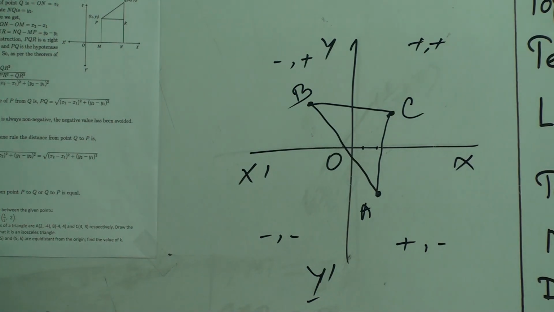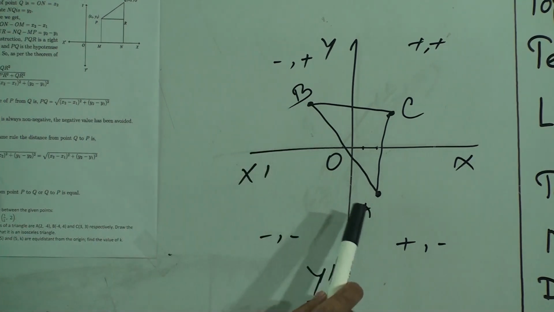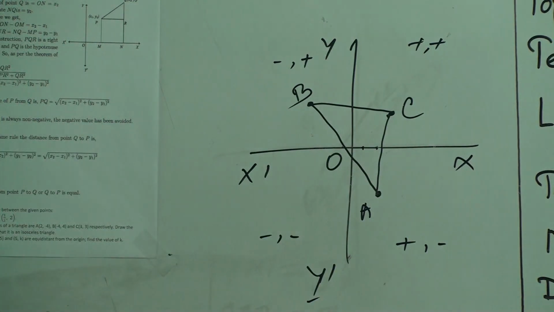We need to prove it. To prove this, we need to determine the distances between the 3 points. It means we need to determine the lengths of AB, BC, and AC. So we can write here question 2.